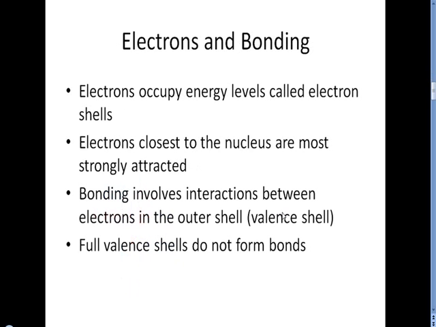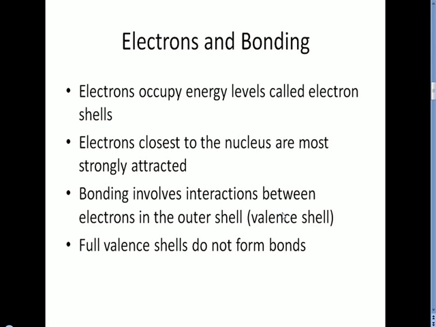The electrons that go around the outside of an atom occupy specific energy levels called electron shells. The ones closest to the nucleus are really attracted to the positive protons in the nucleus, but the very outside electrons can actually have interactions with each other, and those interactions of those outermost electrons with other atoms are called bonds.